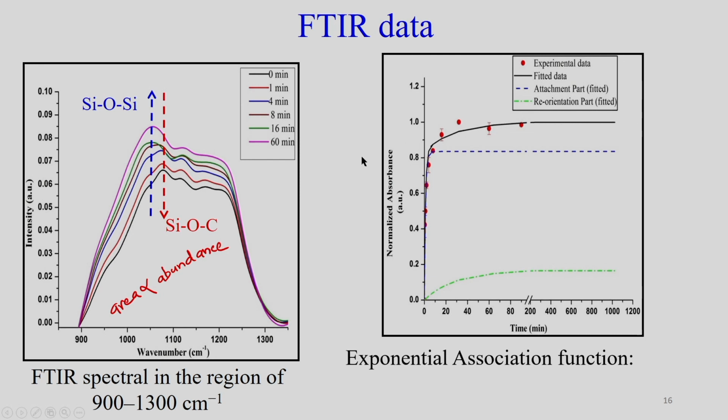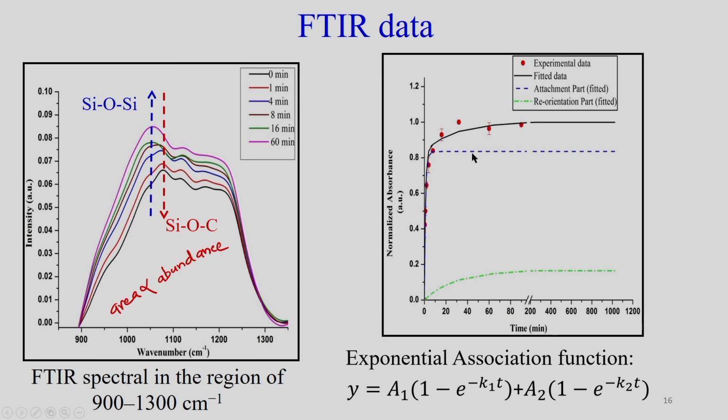The red dots are the experimental data. These experimental data were fitted with exponential association functions, and it was fitted with a minimum of 2 exponential functions. It means a minimum of 2 different steps are involved.